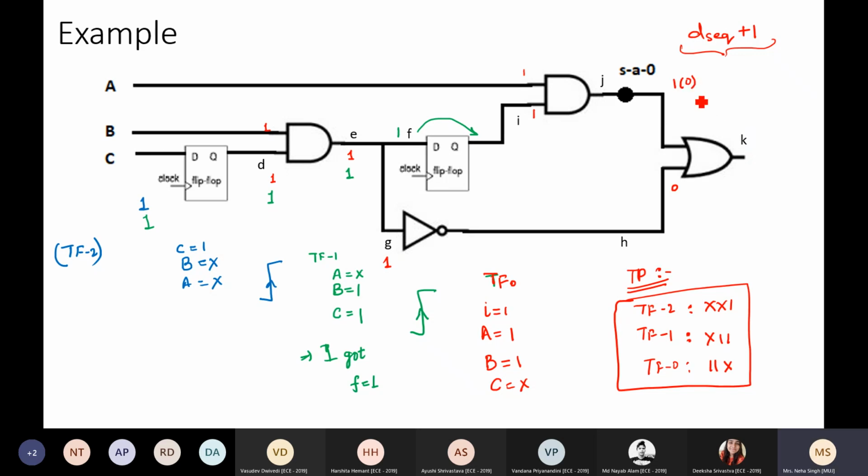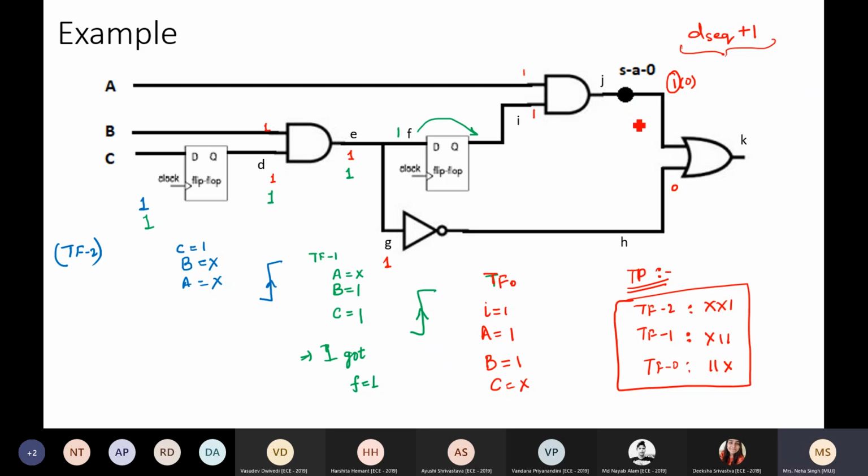Controllability means if I want this fault to be initiated here, I should justify the value 1, which is the non-faulty value. How can I justify? Again, I needed 2 time frames back so that I control this value to be equal to 1. So we defined controllability as the difficulty to ensure a particular value on the given line.